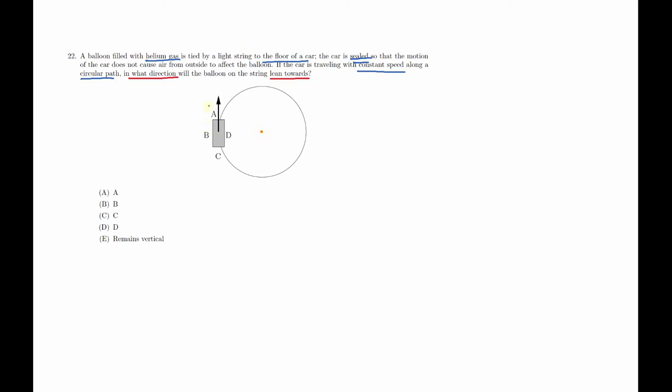Despite having constant speed, the direction of the car is constantly changing as it makes the circular motion. And what enables the circular motion is centripetal acceleration. And you also need to be familiar with inertia.